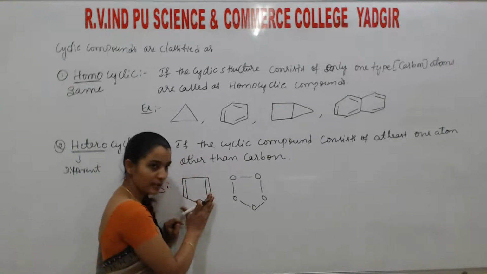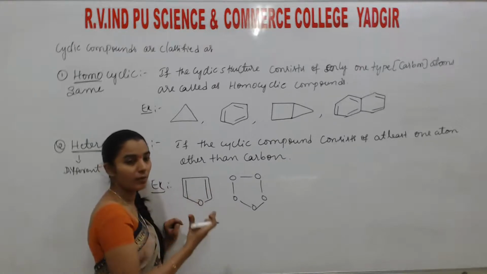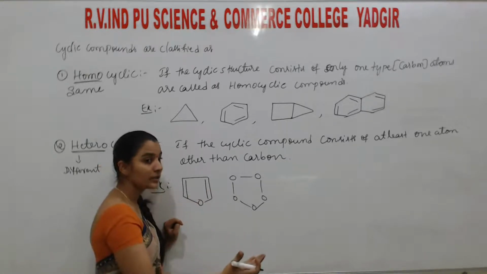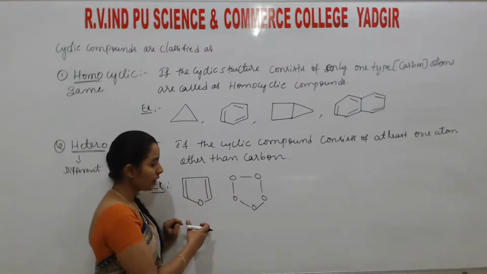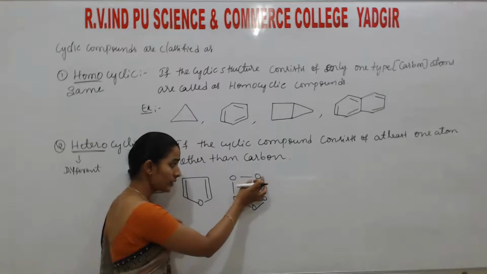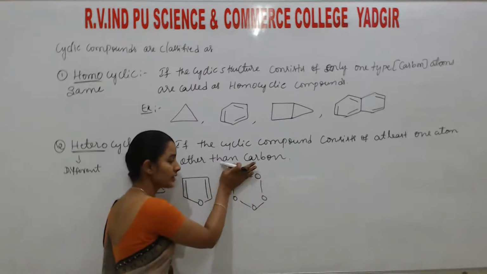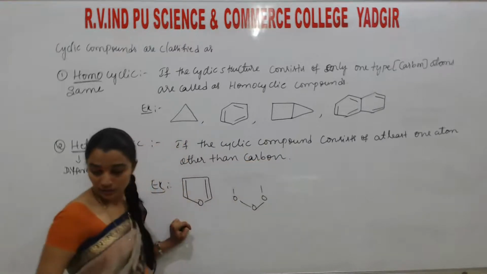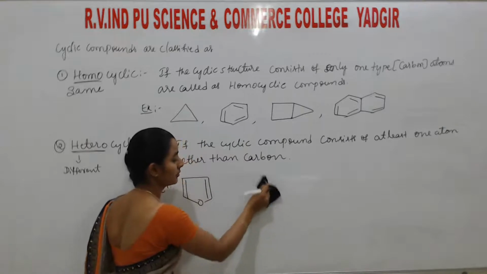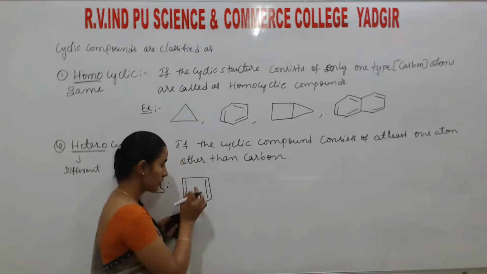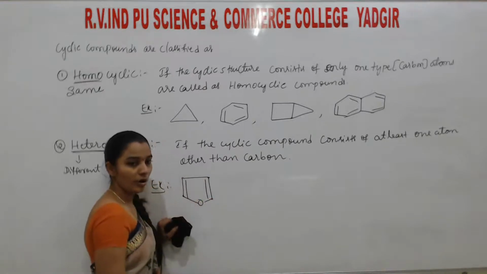Of course, carbon is present because it is an organic compound, nothing but carbon and its compounds along with some hetero atoms. Ideally, oxygen, oxygen, oxygen cannot form. It is highly unstable. It cannot exist. These four are the carbon atoms. The fifth is the oxygen atom.